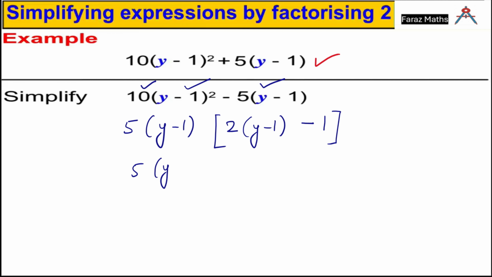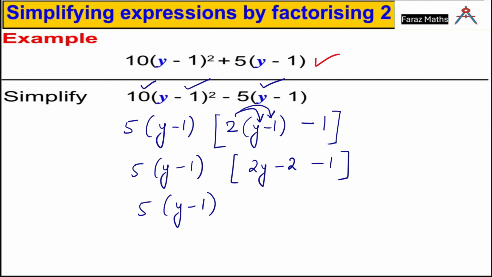Now 5 bracket y minus 1, and then if you multiply 2 with y and 2 with minus 1, that will give you 2y minus 2 minus 1, close a bracket, then 5 bracket y minus 1, then 2y minus 2 minus 1 is minus 3. That's our answer.